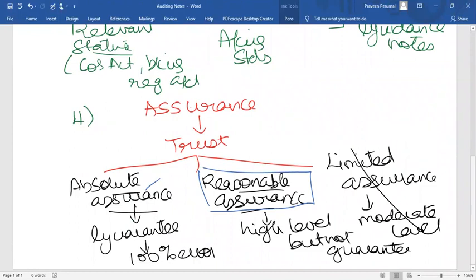There are 3 types discussed in auditing: absolute, reasonable, and limited assurance. Limited assurance means moderate level of assurance. Absolute assurance means 100% error-free assurance, a guarantee. Reasonable assurance refers to a high level but not a guarantee. Auditors give what kind of assurance? It is reasonable assurance, not absolute assurance.